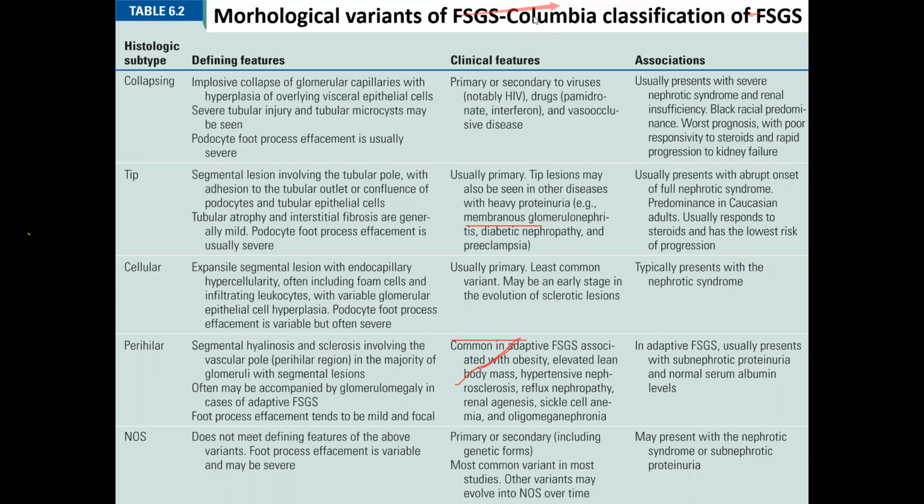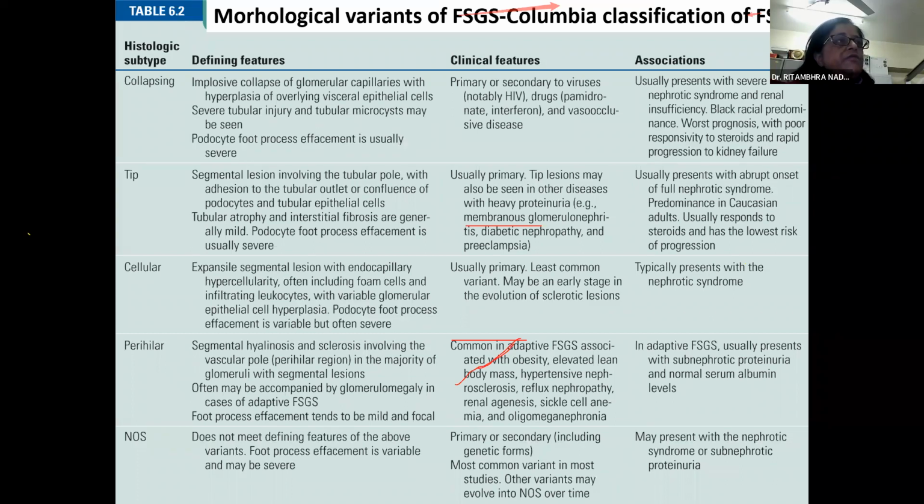So in morphology, generally how we go about practically is that if you are finding interstitial foam cells in absence of very significant or heavy proteinuria, that is generally taken as a clue towards diagnosis of it being a hereditary basement membrane disease, especially Alport's. Because generally, only if proteinuria is heavy, then you are likely to see interstitial foam cells.